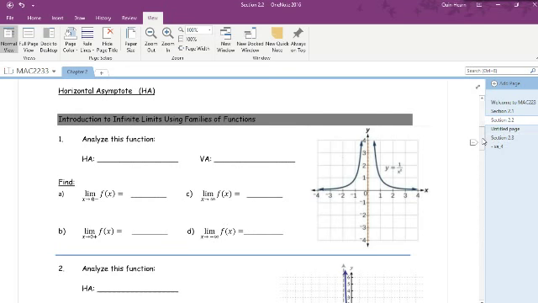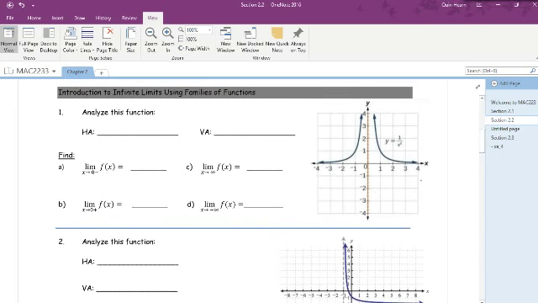So in this example, we have this graph on the right, y equals 1 over x squared. And it asks us to analyze the function. HA stands for horizontal asymptote, and VA stands for vertical asymptote. So where do you see a horizontal asymptote on this graph? What would be the equation of the horizontal asymptote?